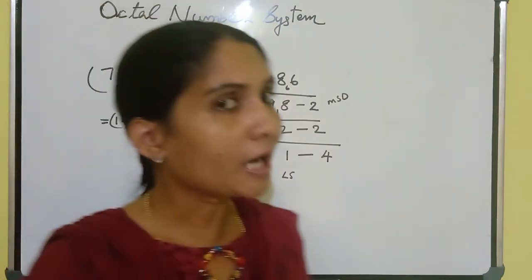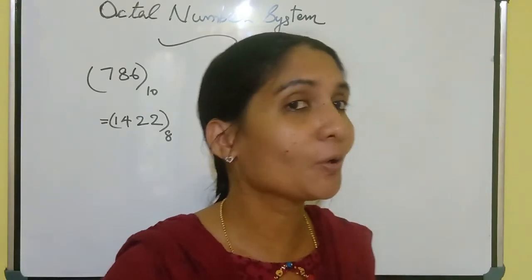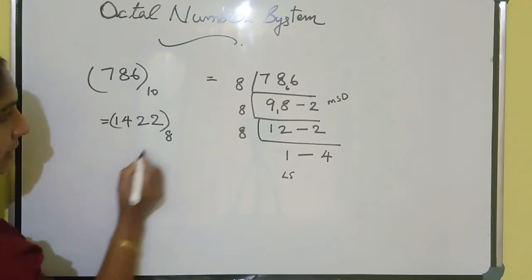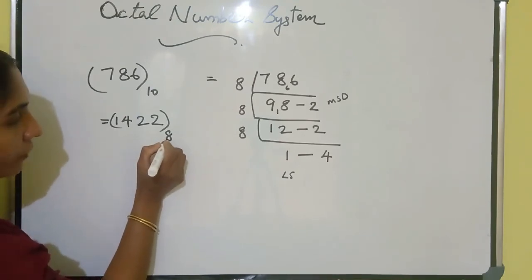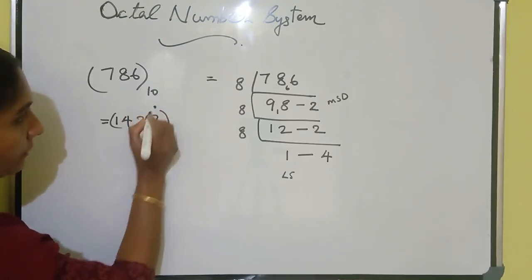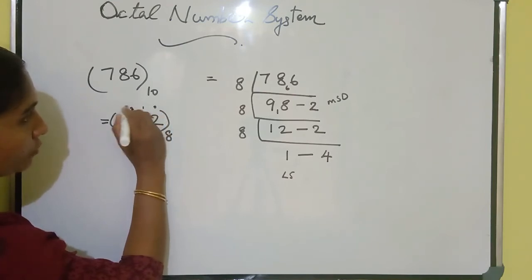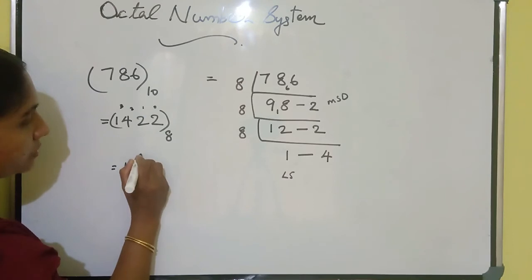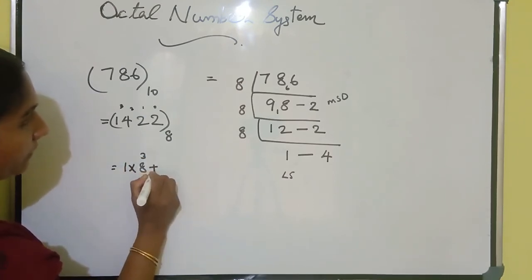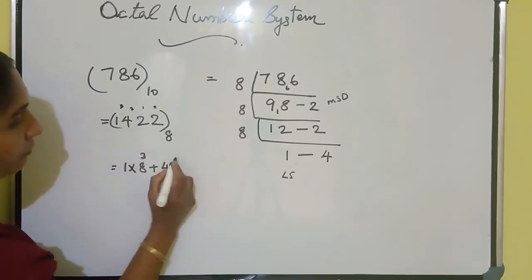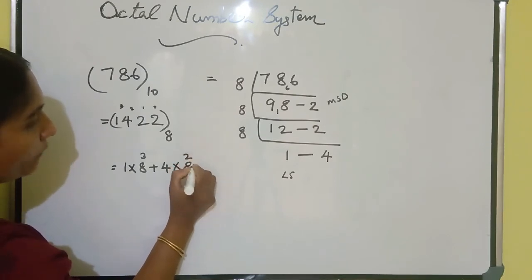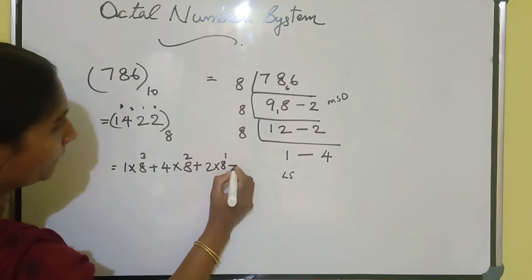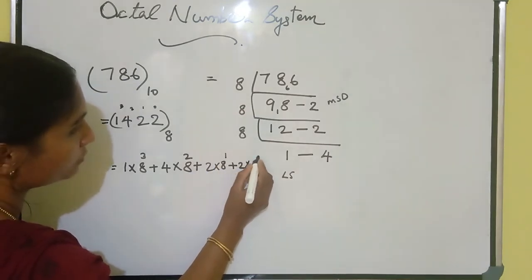Again, I will show you how to convert this octal number to decimal. Then how can you do this one? See, the base of this number is 8. Then you write the place values here 0, 1, 2, 3, 4. Then you have to do like this: 1 into 8 raised to 4 plus 4 into 8 raised to 3 plus 2 into 8 raised to 2 plus 2 into 8 raised to 1 plus 2 into 8 raised to 0.